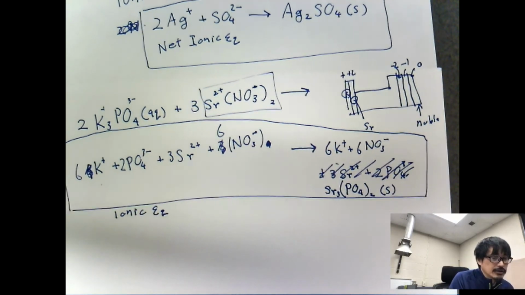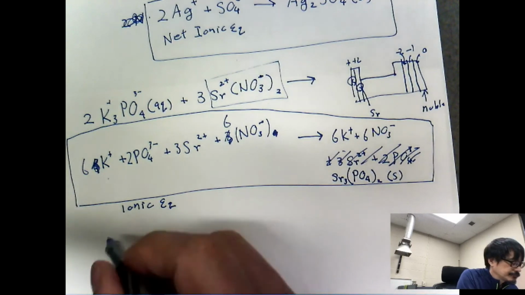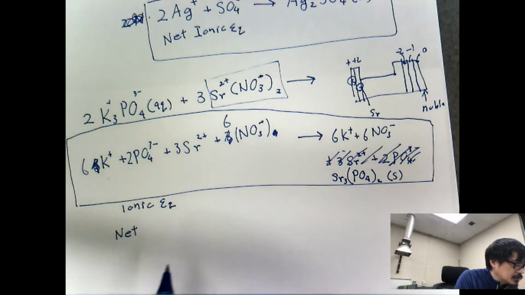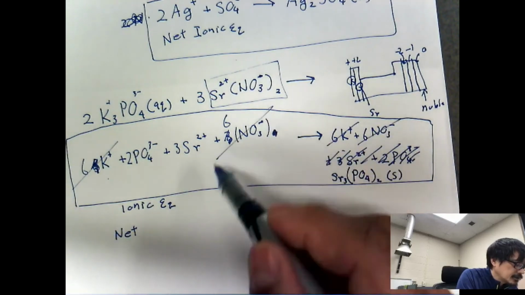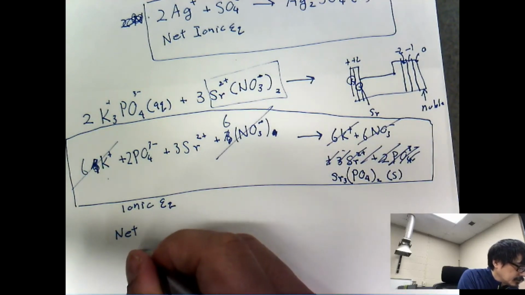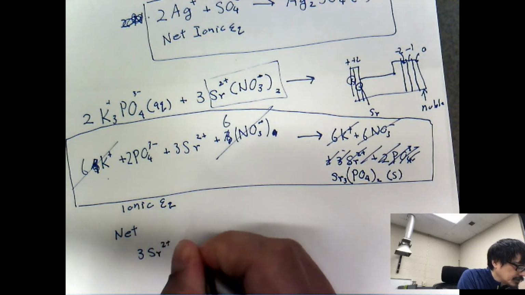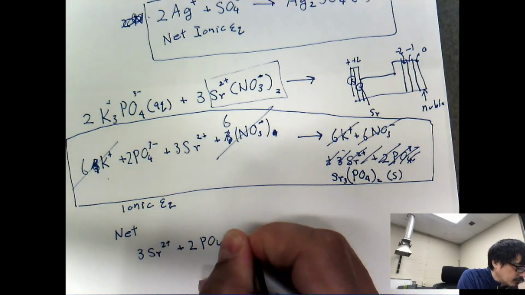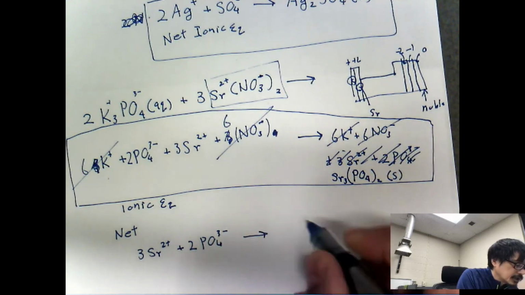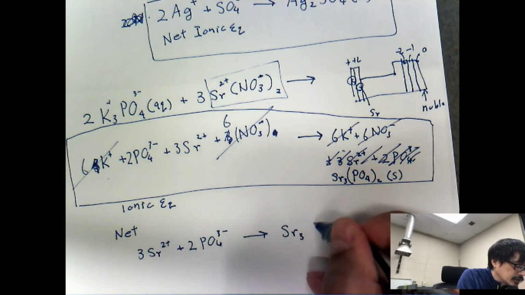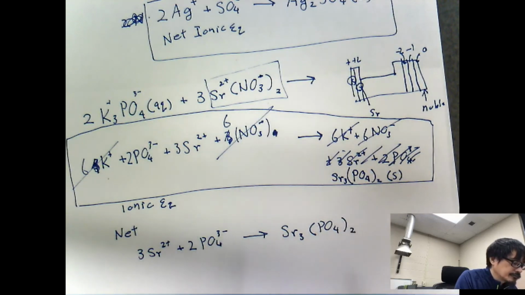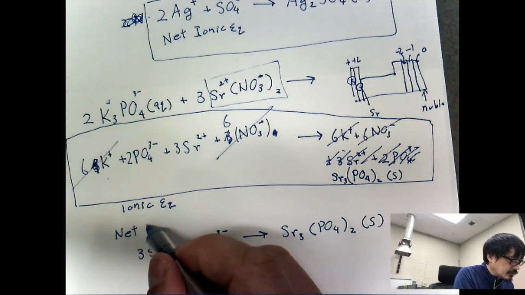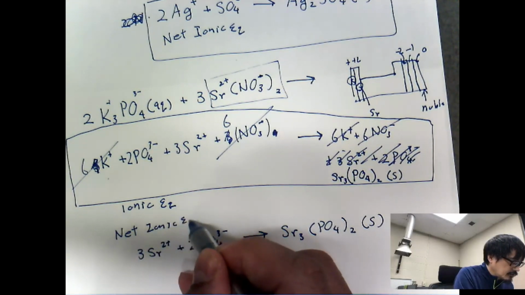What about the net ionic equation? For the net ionic equation, cancel that, cancel this, cancel that, cancel that. Then you get 3Sr 2 plus plus 2PO4 3 minus becoming Sr3(PO4)2. That is solid. So that one right there is the net ionic equation.